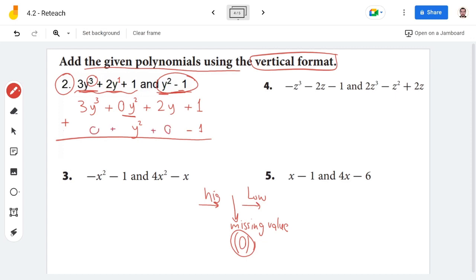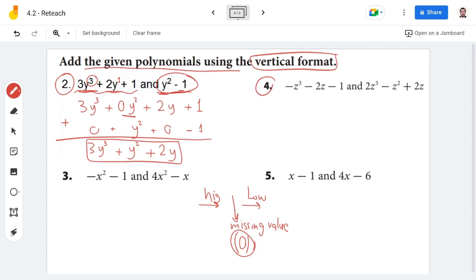So 3y to the power of 3 plus 0 plus 1y, which is 1y squared, plus 2y plus 0, still 2y. 1 minus 1 equals 0. So you can write 0 or you can just not write it. It's up to you, same thing. So this is the final answer. I hope the idea is clear.